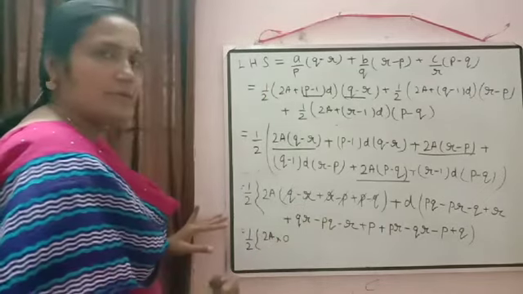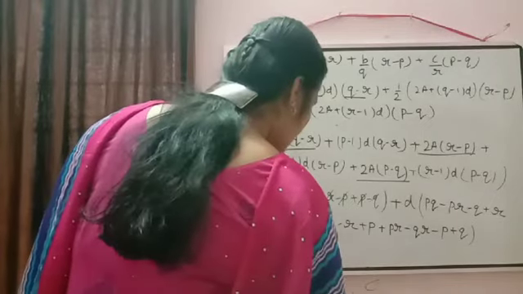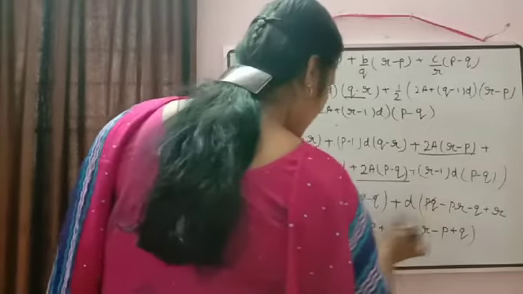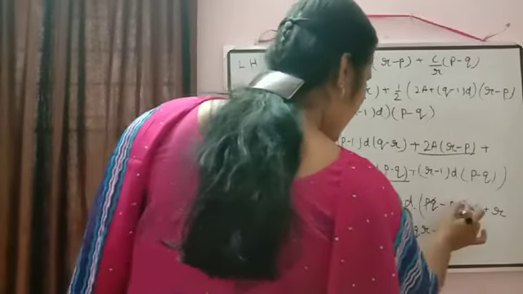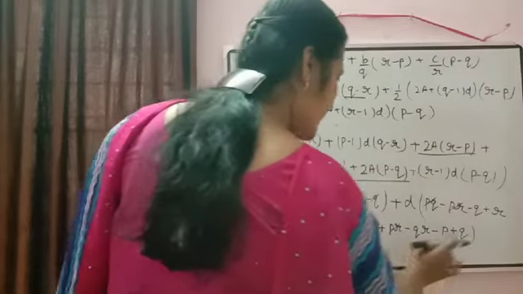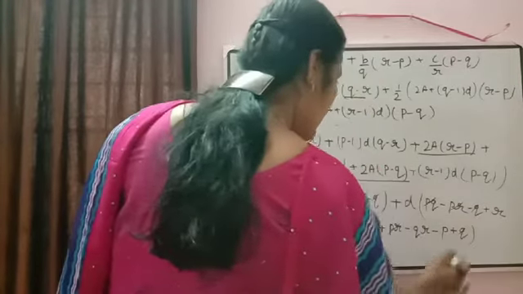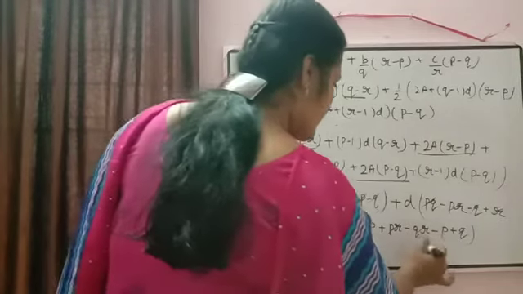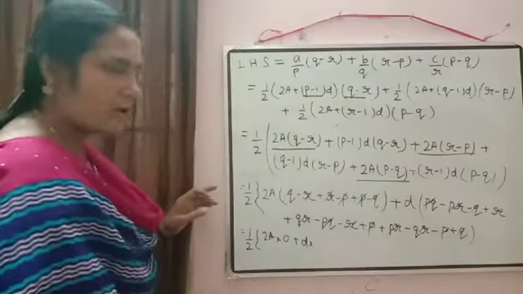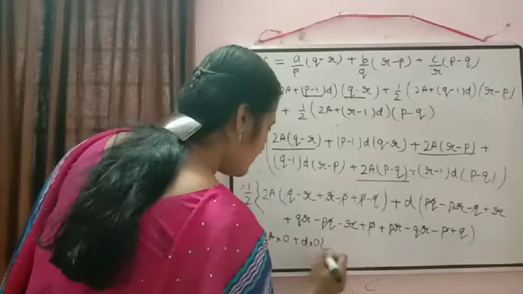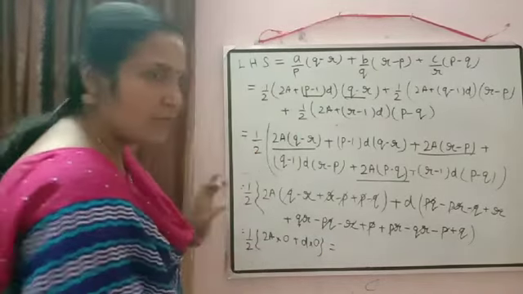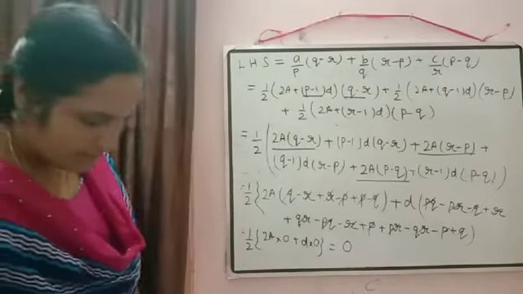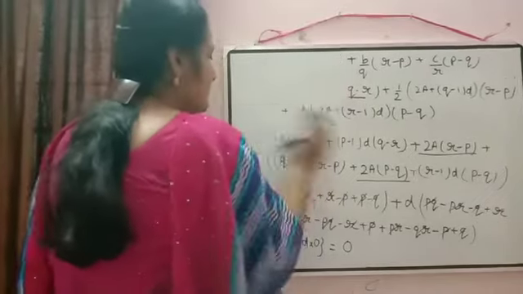So it will be equal to 2A into 0 plus D into, check in this expression if anything will get cancelled: plus PQ minus PQ cancelled, minus PR plus PR cancelled, minus Q plus Q cancelled, plus R minus R cancelled, plus QR minus QR, plus P minus P. Everything got cancelled. Then we will get D into 0. So this expression will be equal to 0. I hope this question is clear. Now we can check the next question.